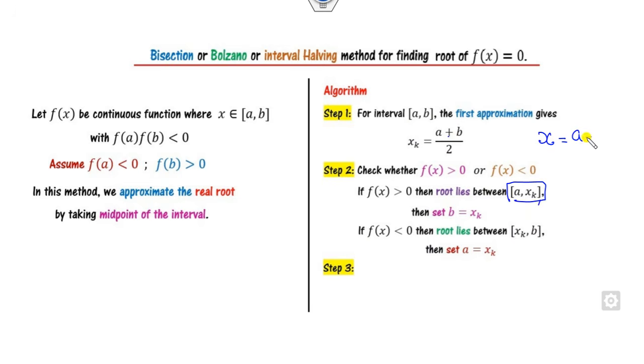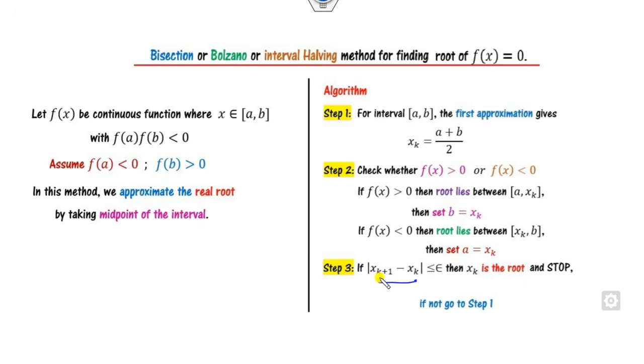Say x is a plus xk divided by 2 in this case, and in the other case we will find xk plus b over 2, and then we will check whether the difference between two consecutive roots is less than epsilon or not. If it is, then this is my root and stop. Otherwise we move on to the next step by taking that interval.